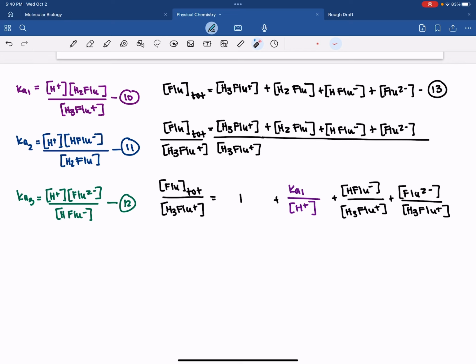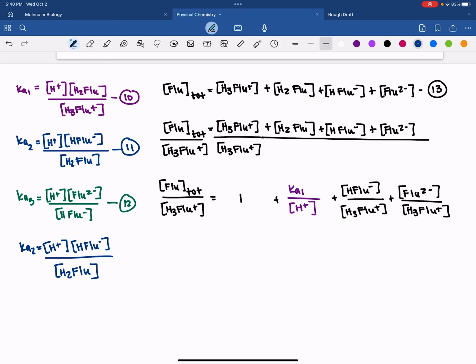So we are going to, on the side now, have our first Ka2 equation. And I know you want to think like you want to get the HFlu by itself, but no, we want to be able to connect it from H2Flu to the number 10 equation. So in this way, we're going to separate our H2Flu by itself.